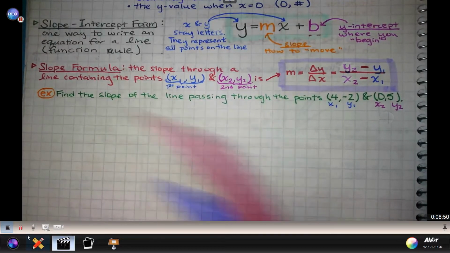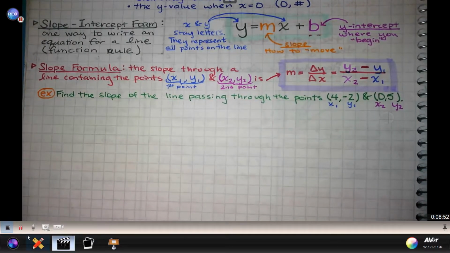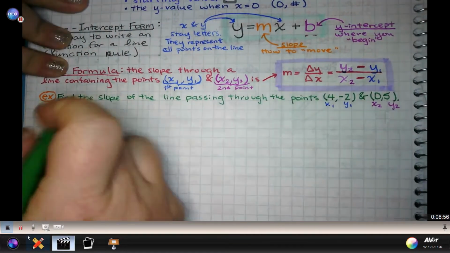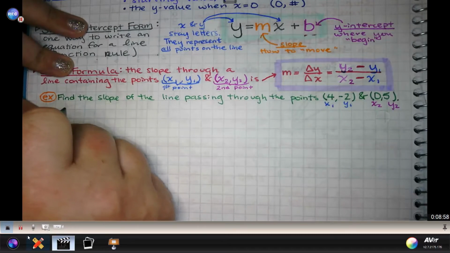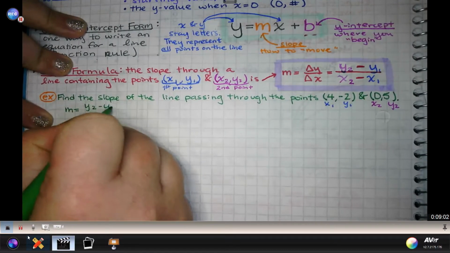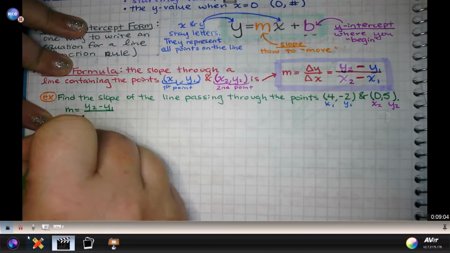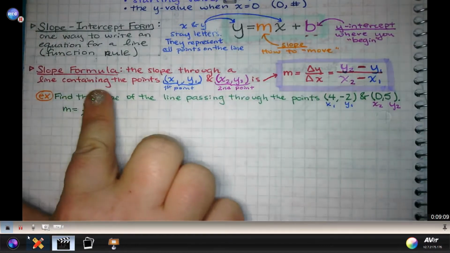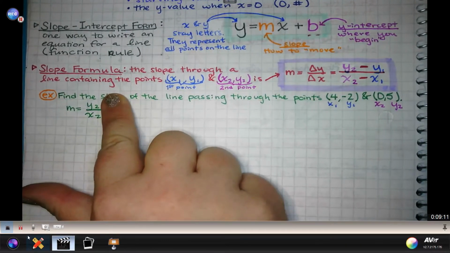Great. So, you know me, I like to write the formula down. So, you should have it memorized because then you can just go, okay, m equals y sub 2 minus y sub 1 over x sub 2 minus x sub 1. So, notice how the sub 2's both come first.